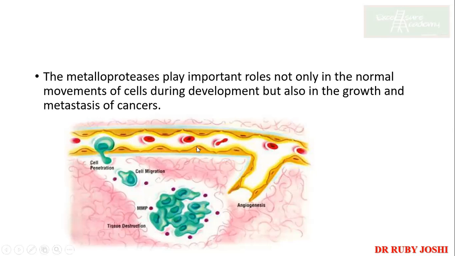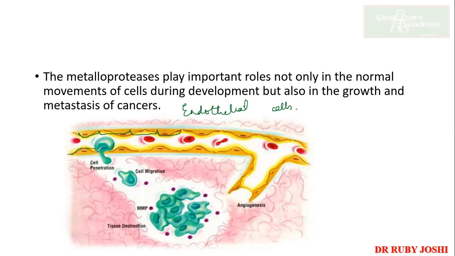Okay, so for example, let's see here, you have got the blood vessels, and the blood vessels are made up of your endothelial cells. They are made up of your endothelial cells. Now these endothelial cells are present like this, right?